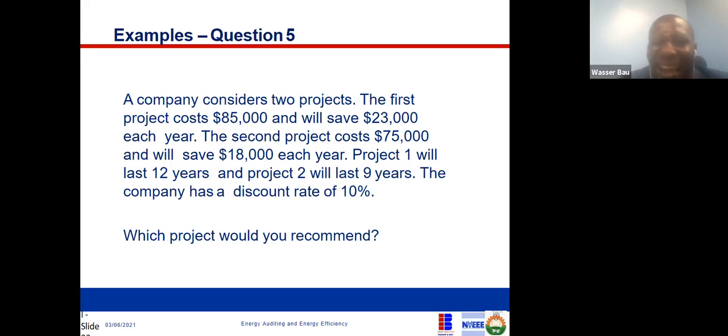It might not give you the exact picture of what is happening. But if you annuitize it and say, wait a minute, how much am I making per year, whether I'm investing for 12 years or 9 years? I'm just a businessman, and my lender is charging me per year, so how much am I making per year?